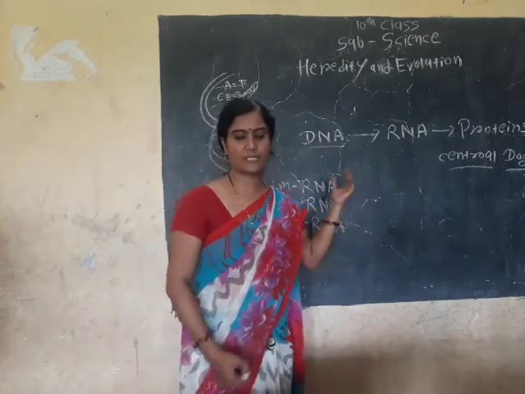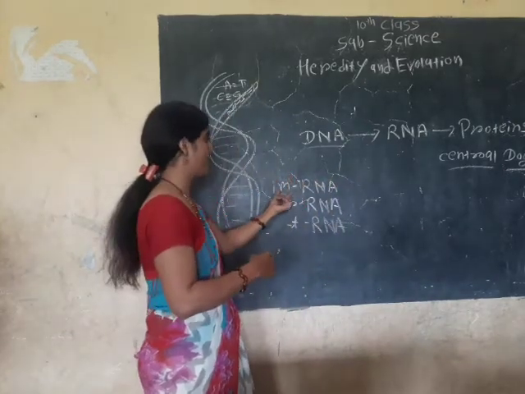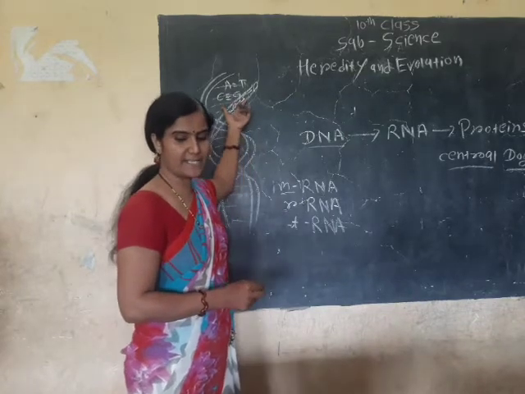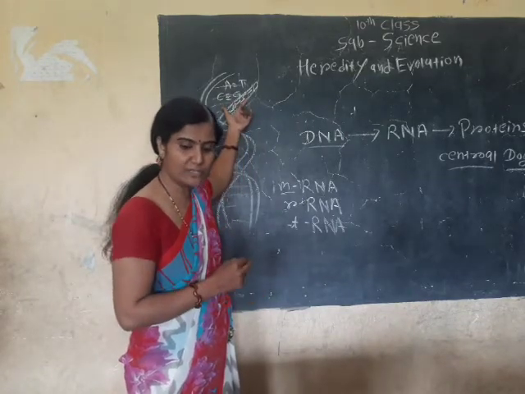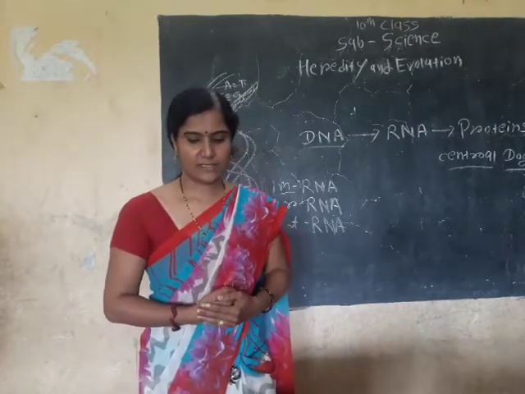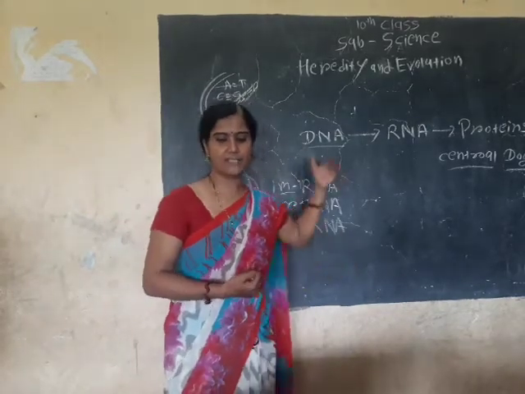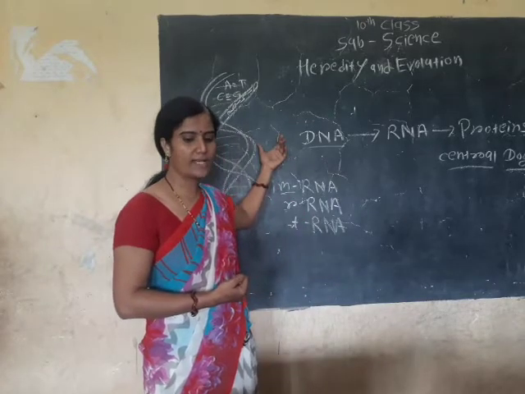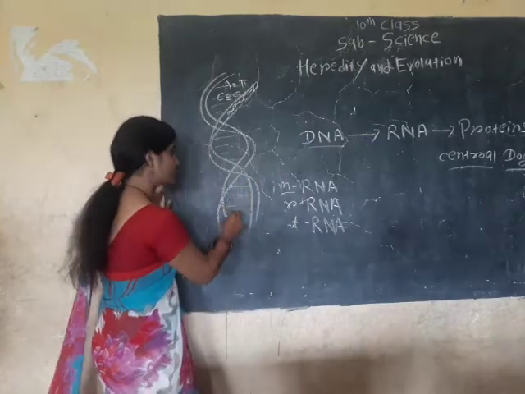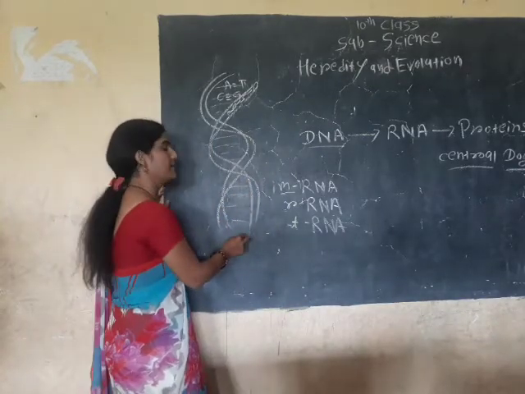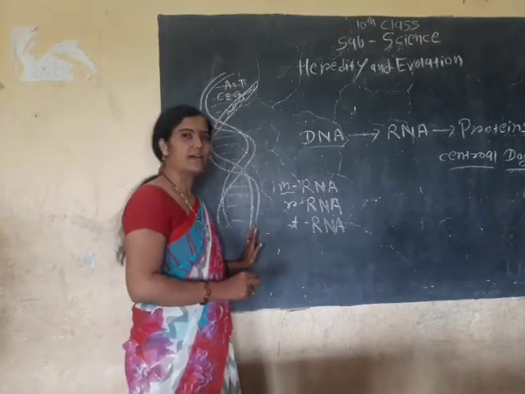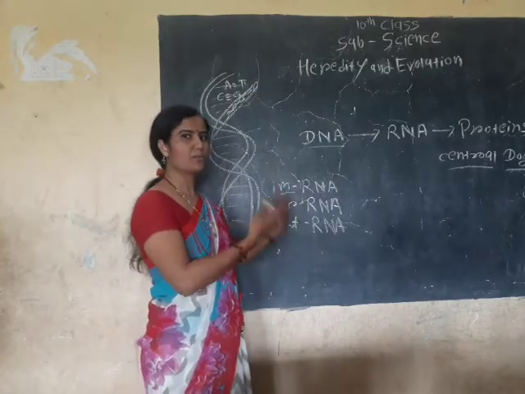mRNA is produced as per the sequence of nucleotides present on DNA. Only one strand of DNA is used for protein synthesis. The two strands are present in the structure of DNA, but only one strand is used for the production of protein.